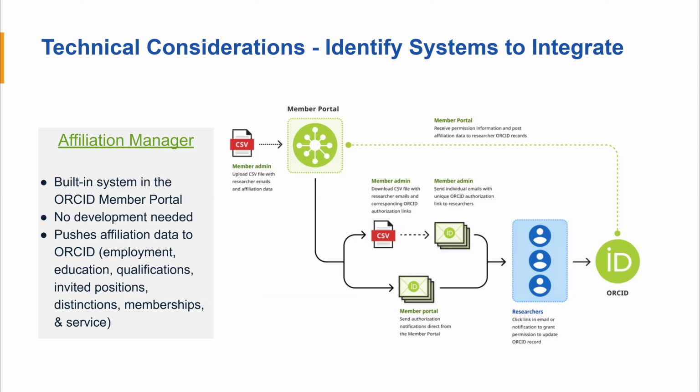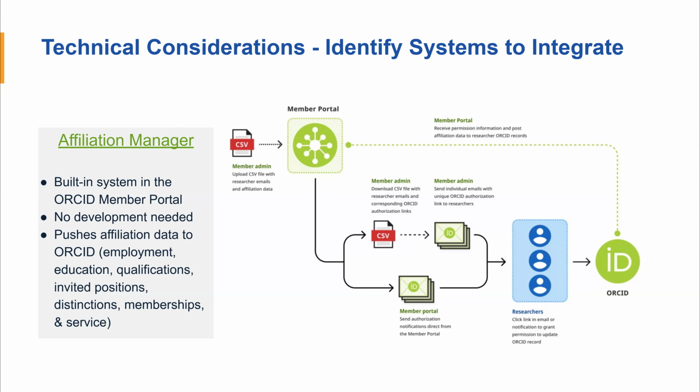There's no development needed. So all you would need is to have data that you want to push to somebody's ORCID record. And those data are really affiliation data. So employment, education, qualifications, invited positions, distinctions, memberships, and service.